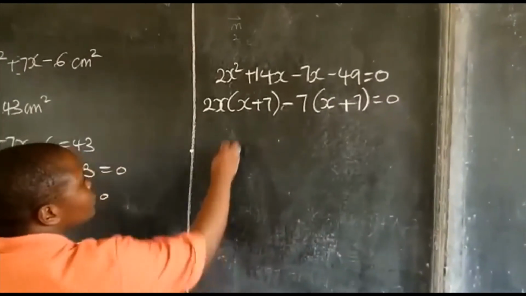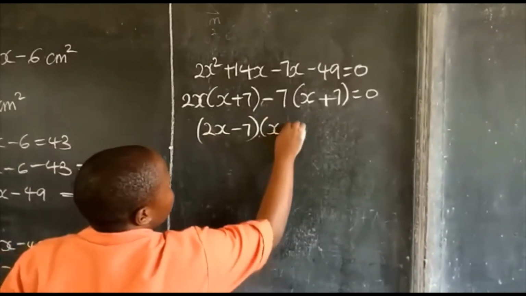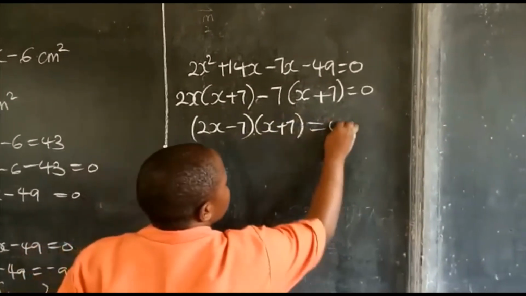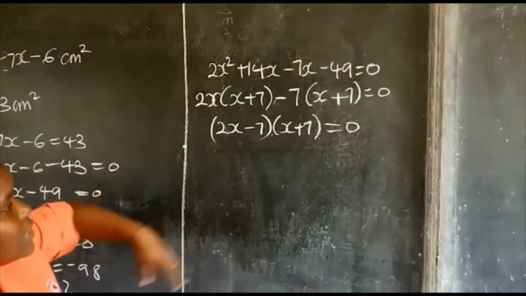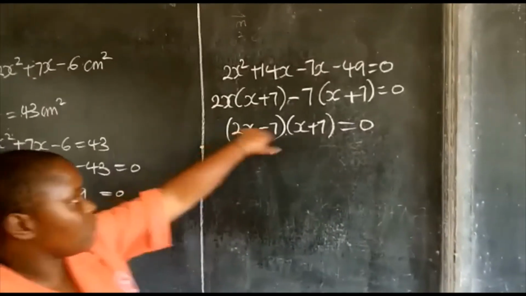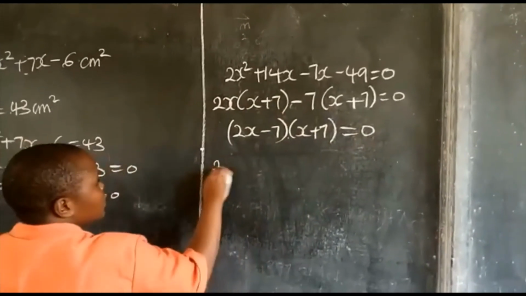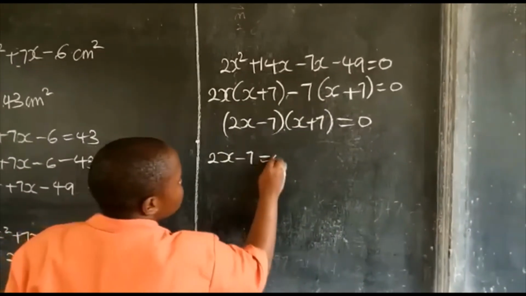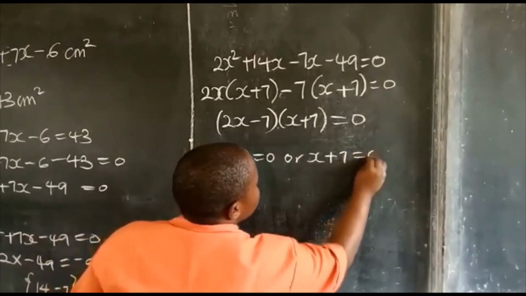And so we shall say 2x minus 7 into x plus 7 is equal to 0. And if we get such an equation, it means that either this bracket is equal to 0 or the second bracket is equal to 0. So we shall say 2x minus 7 is equal to 0, or x plus 7 is equal to 0.